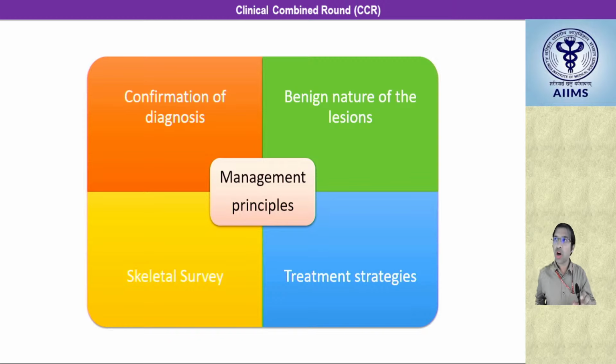So, moving on to how we manage this case. There are certain important differences between how a normal bone that is fractured is managed and how a pathological bone that is fractured is managed. Most importantly, before jumping onto the fracture fixation, we would want to know more about the nature of the pathology that has afflicted the bone.